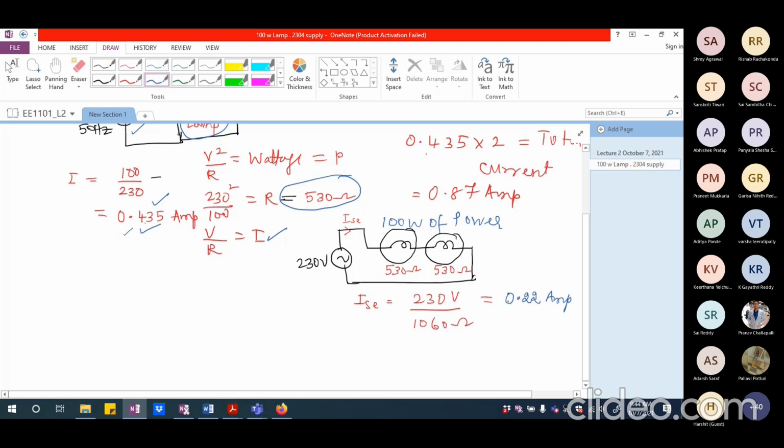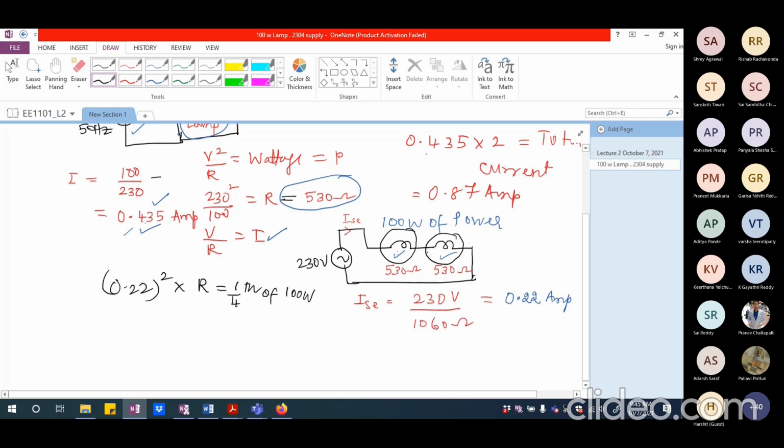So if the current is 0.22 ampere, very clearly I'm not going to get 100 watts of power from here or 100 watts of power from here. The power is going to decrease quite a bit, because I'm going to get 0.22 squared multiplied by the resistance. So this is actually one fourth of 100 watts.